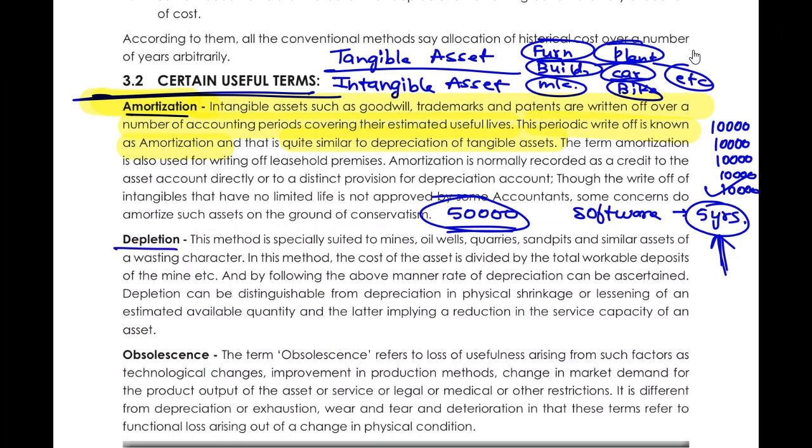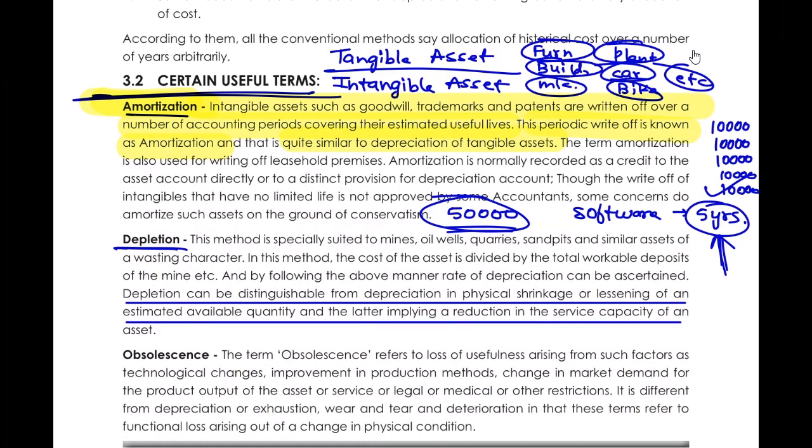Now let us see the word depletion. Depletion means a fall in the market value of the asset, other than depreciation. Depletion can be distinguished from depreciation: depletion is physical shrinkage or lessening of an estimated available quantity, while depreciation implies a reduction in the service capacity of an asset.